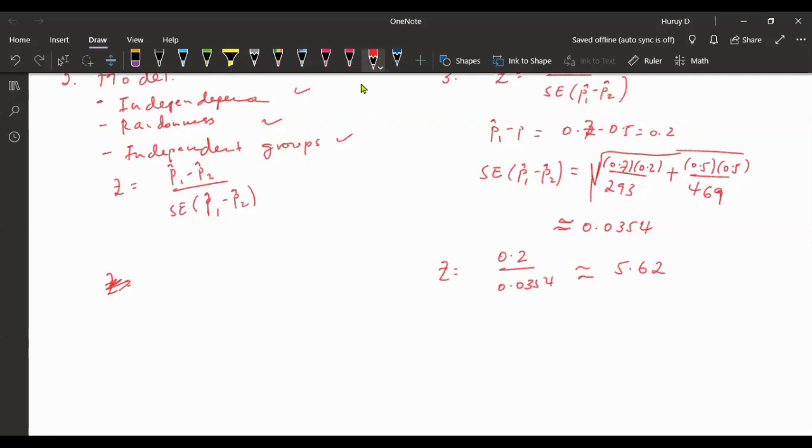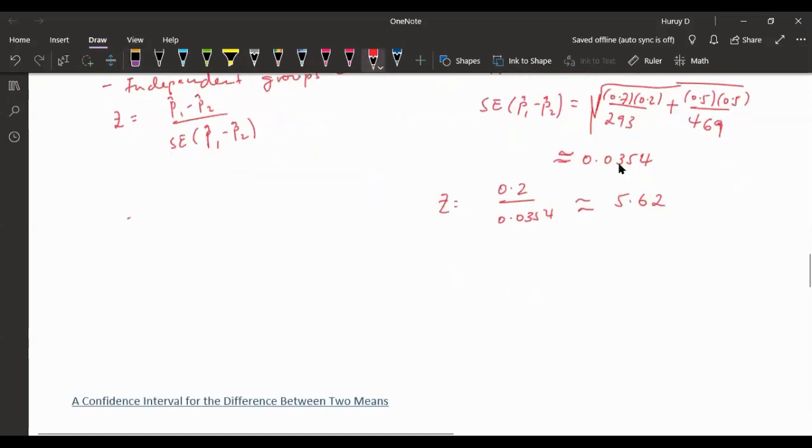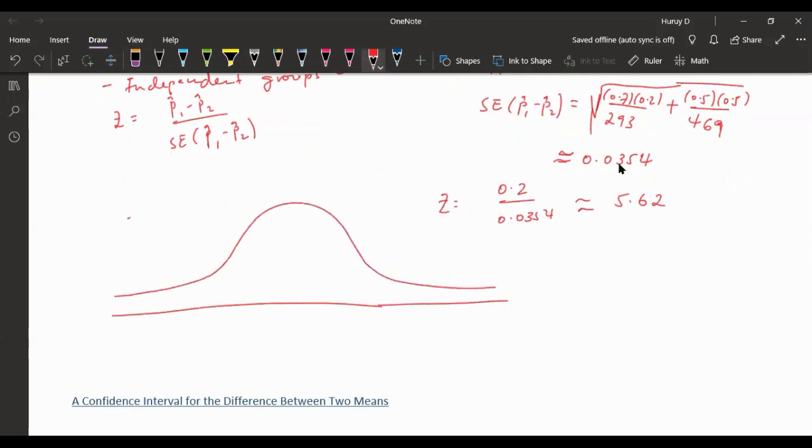After finding the z value, what we need to find is the p-value in order to decide. If you notice, our alternative hypothesis is two-sided. Therefore, the p-value will be on both sides.